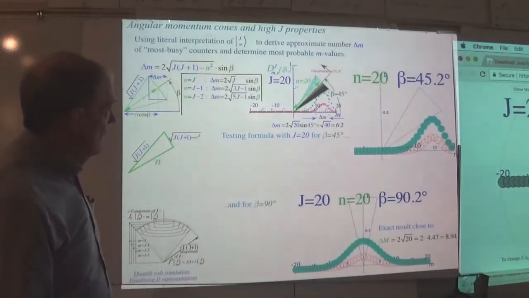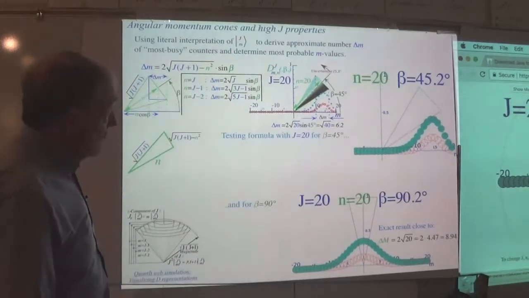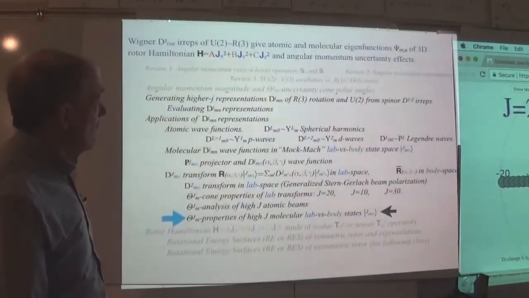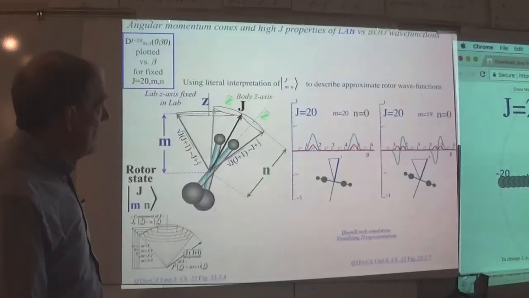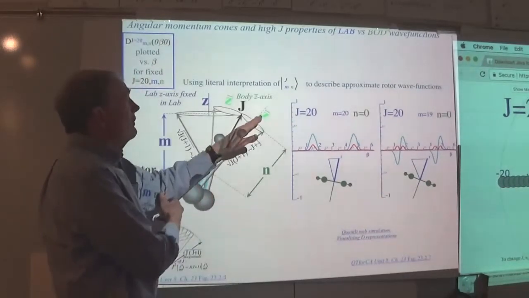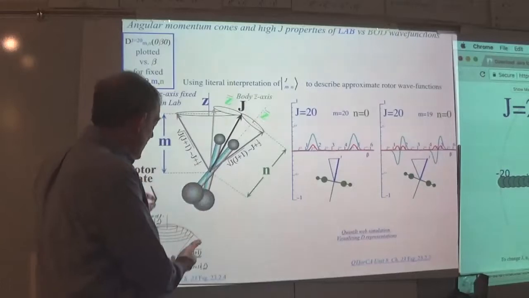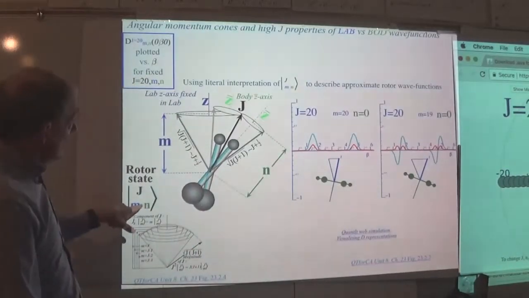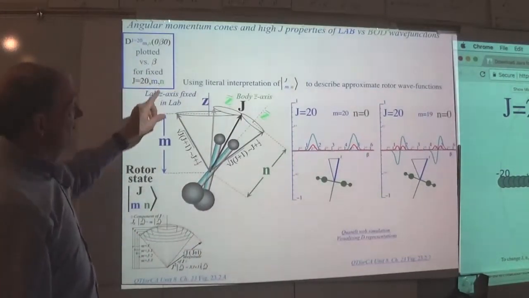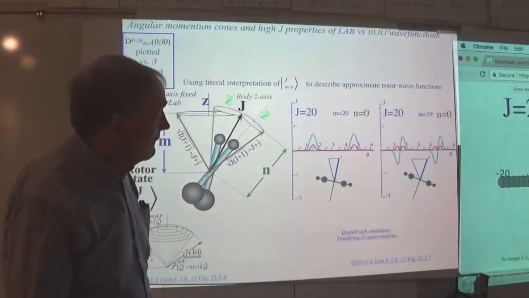Okay, and then you can go for higher values, lower values, the ones that have more uncertainty. And then you can start asking, what in the world is the probability that I would see this axis that's flopping around for a particular state with a value m and n fixed, okay? And then you see some really crazy stuff, okay?